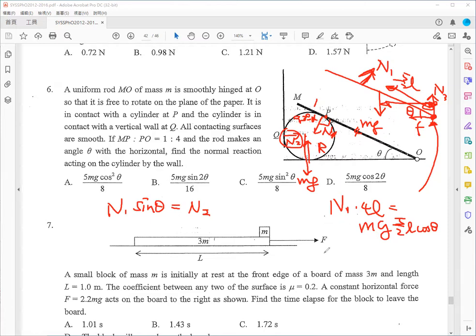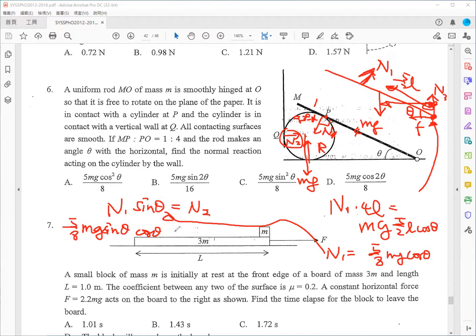And then you solve the N1. So for N1, you get 5/8 mg cosine theta. And you substitute in this formula. So finally, you get 5/8 mg sine theta times cosine theta equal N2.